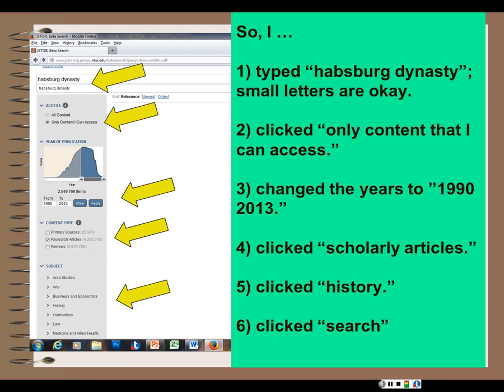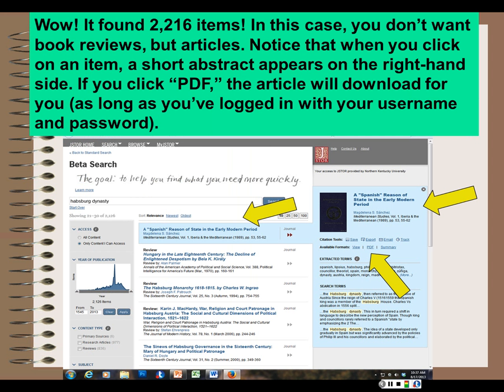So I clicked only content that I can access, and then I said I'm only interested in journal articles from 1990 to 2013. You can click that you want just scholarly articles, that you want history articles, etc. And even there I found an abundance, thousands of items.